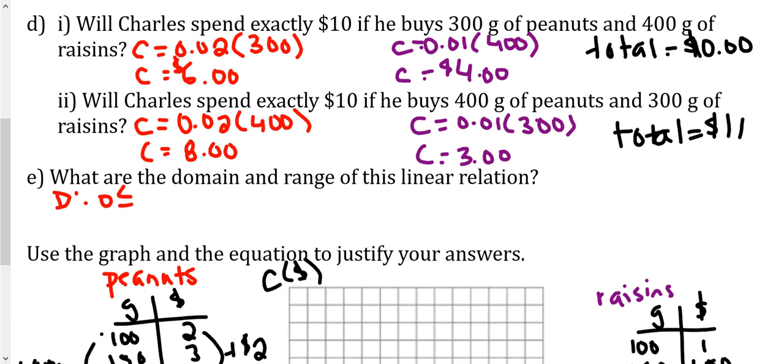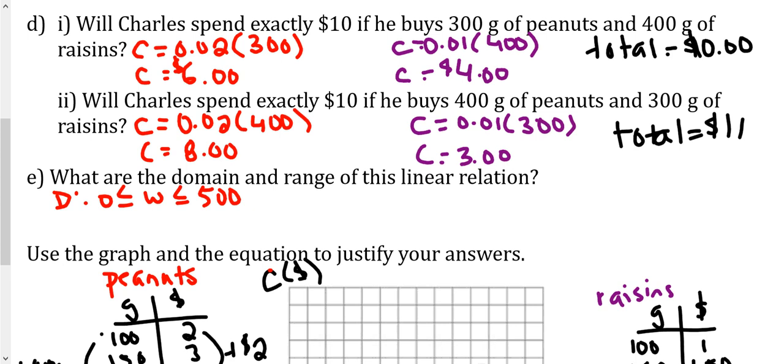And then the most I can buy, if I only have $10 to spend, looks like is 500 grams. So if I'm buying 500 grams at a cost of 2 cents a gram, that's going to max me out at $10. I can't go past that weight, or else I can't afford it.